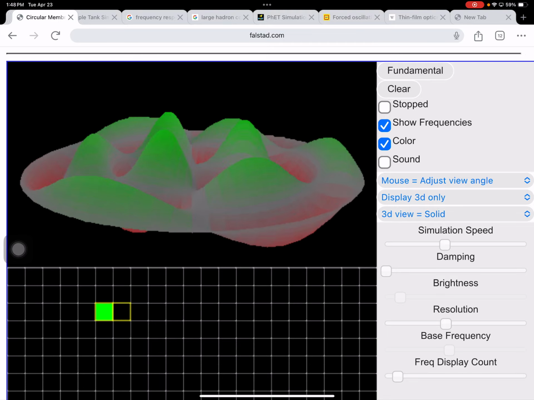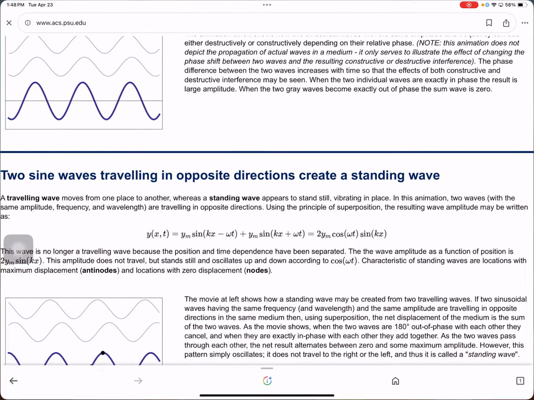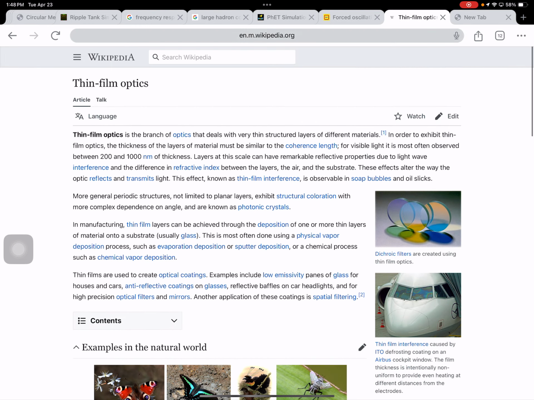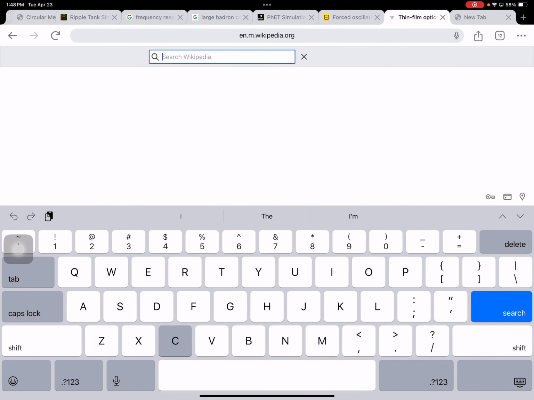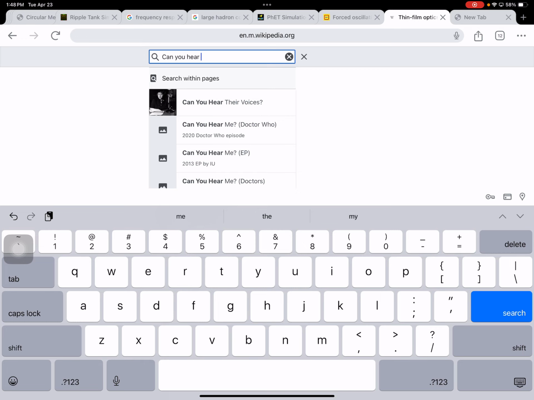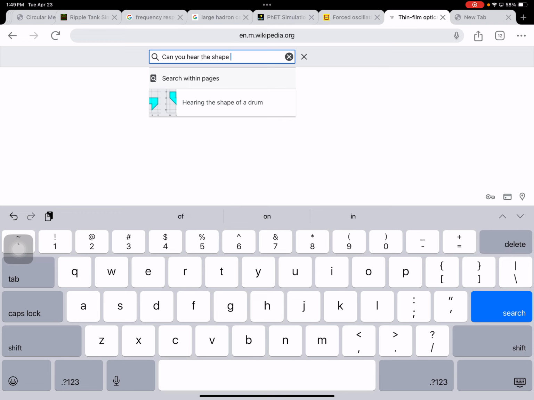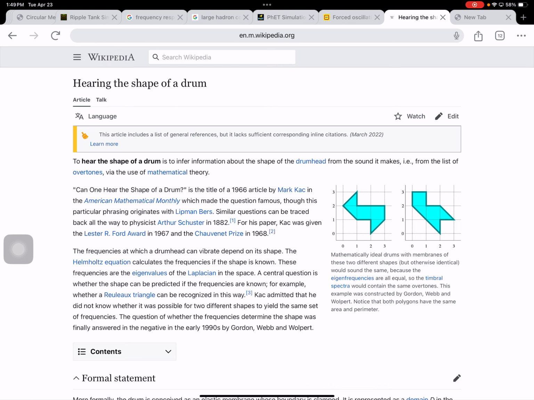And it turns out that this drum head and this drum head will produce the same frequencies.